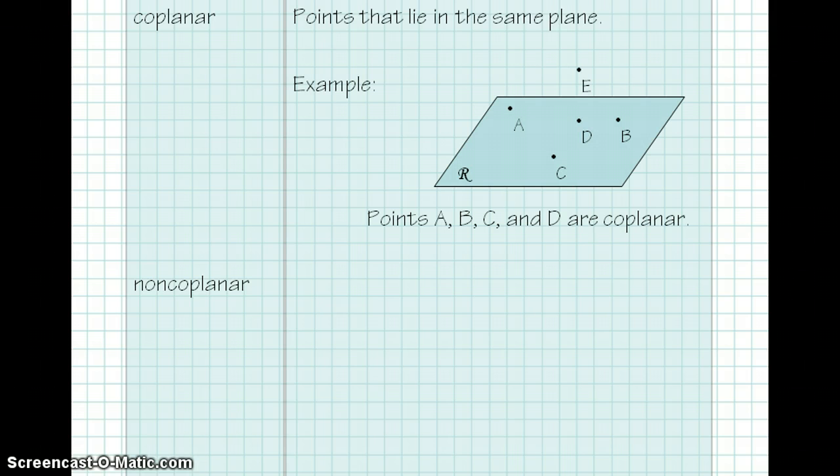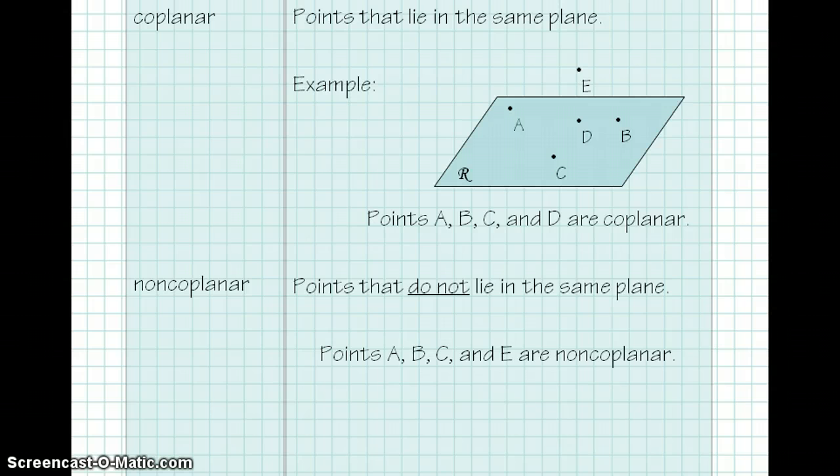So in this instance, points A, B, C, and D are coplanar. Non-coplanar are points that do not lie in the same plane. Essentially, this means that I cannot make a plane that includes those points. So in this case, points A, B, C, and E are non-coplanar.